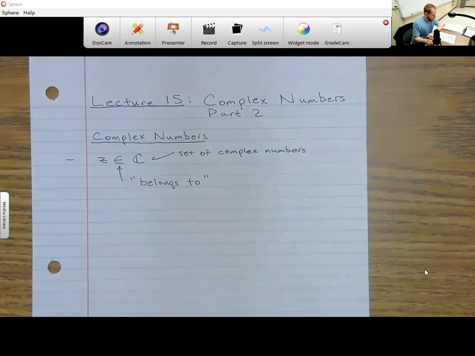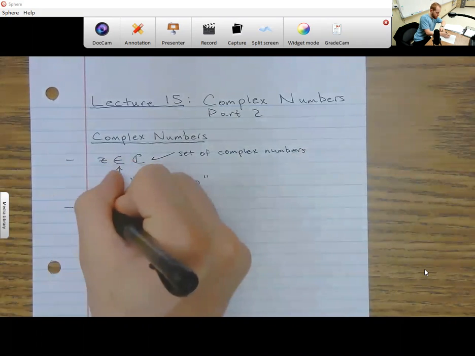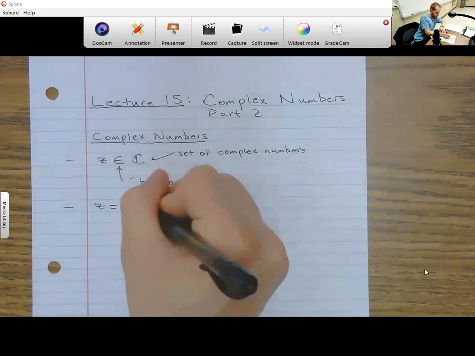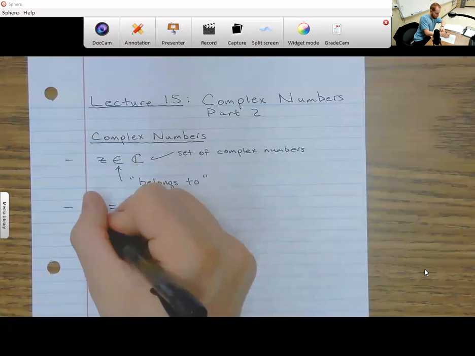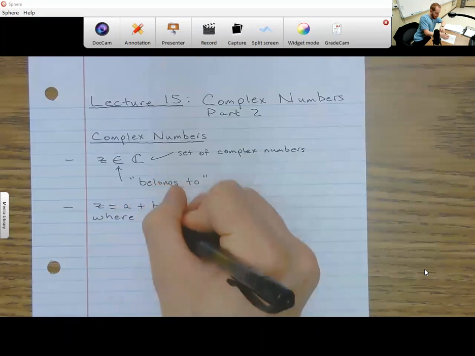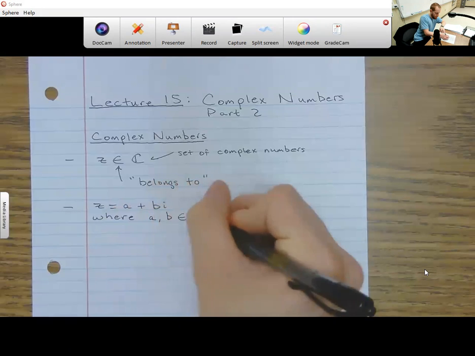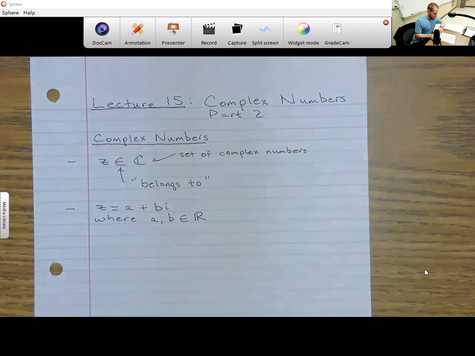Okay? So we know that Z can always be written as a plus bi, where a and b are real numbers, right?